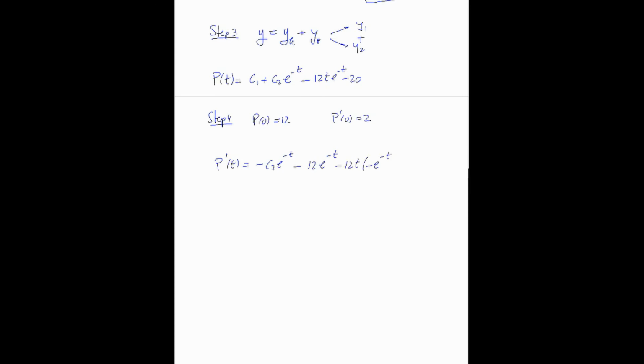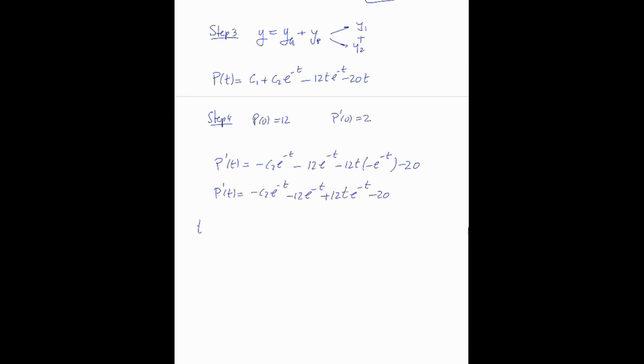Derivative of this is minus. And sorry, this is minus 20t, so this will be minus 20. Okay? So simplifying the signs here, p prime of t is minus c2 e to the minus t minus 12 e to the minus t plus 12t e to the minus t minus 20.